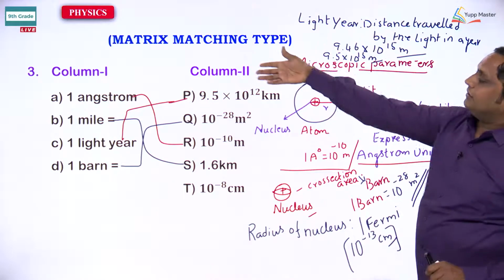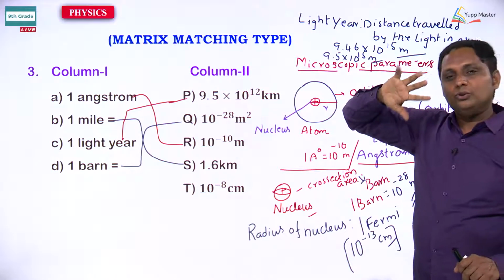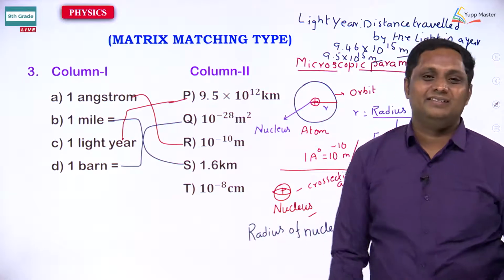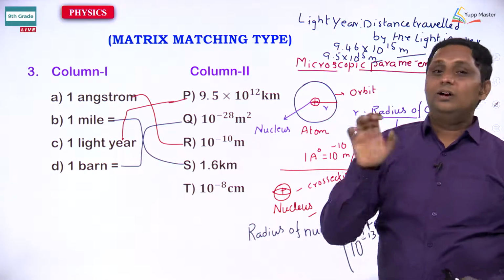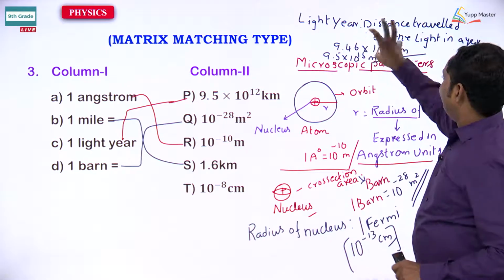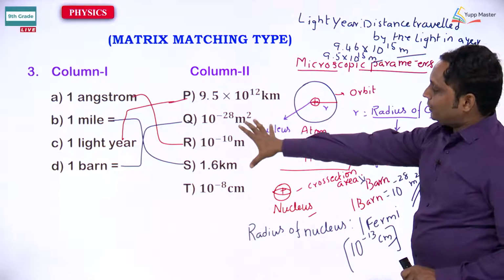Light year and mile are related to the macroscopic, representing the distance between any two reference points.